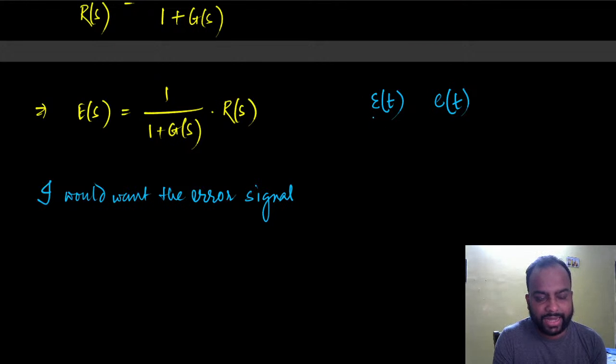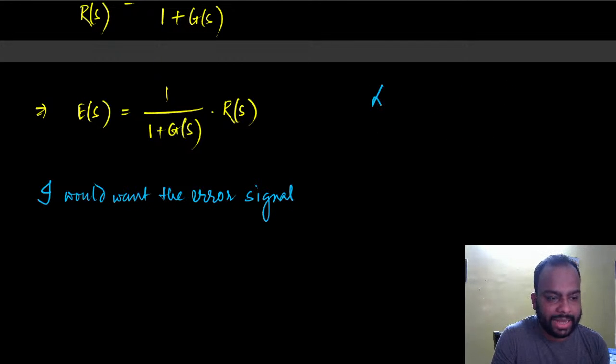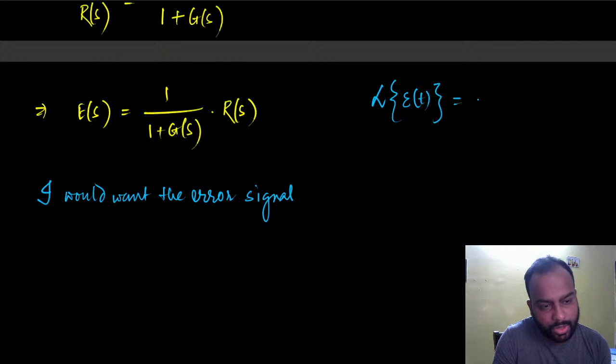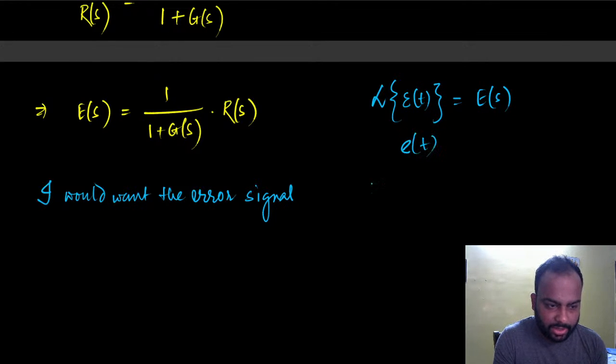So I would just write epsilon here. Some books would write epsilon or e. So essentially the Laplace transform of the error signal in the time domain would be E(s). In some books you would see e. Again, don't worry about that.